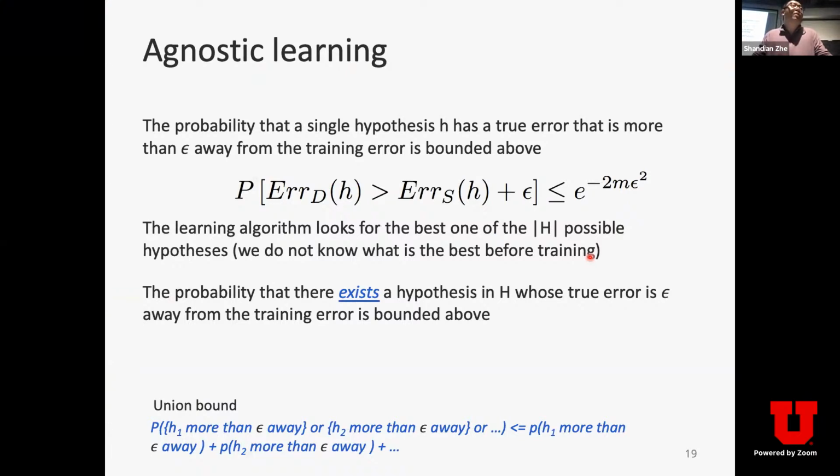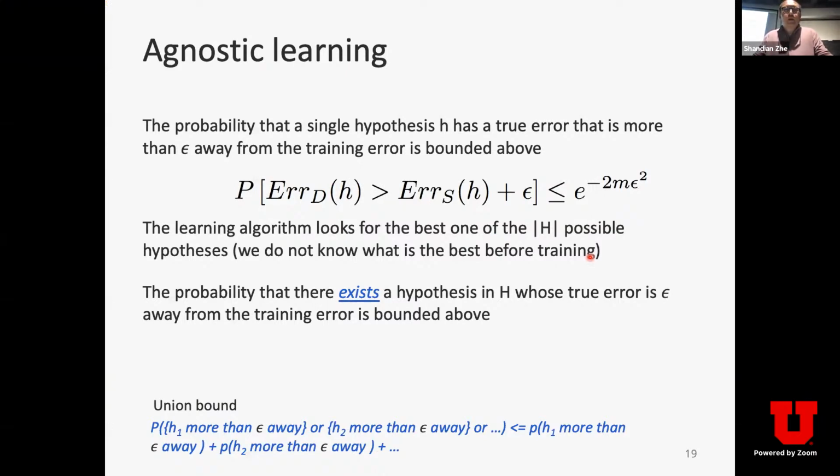This is different from what we previously discussed about computational learning theory. Remember, we assumed that you can always find a hypothesis with 0 training error. Then we talked about the sample complexity bound and so on. But in practice, we cannot make such a strong assumption. Agnostic learning, of course, is much more realistic.